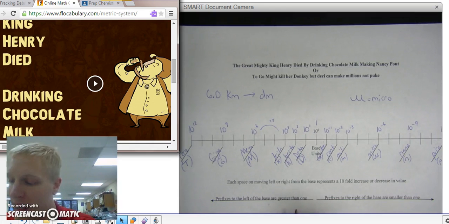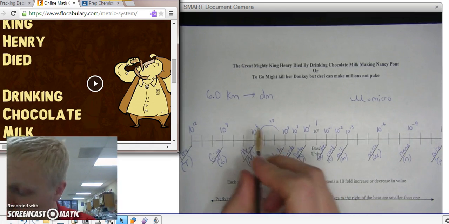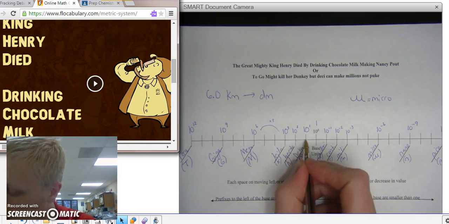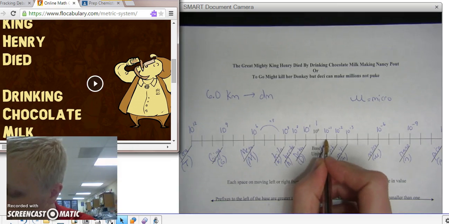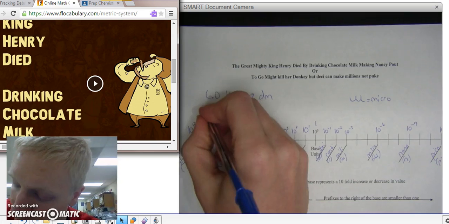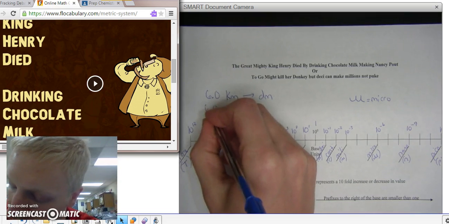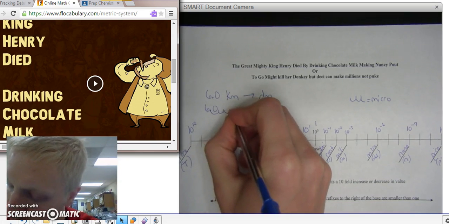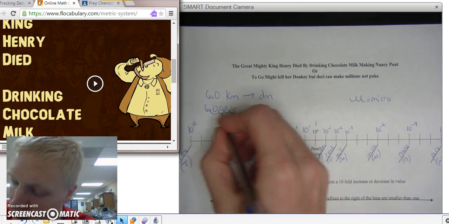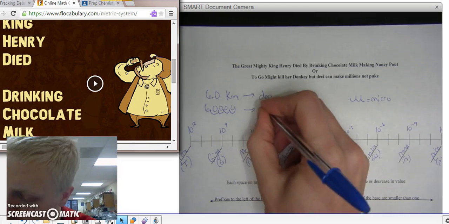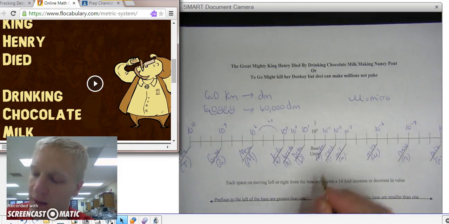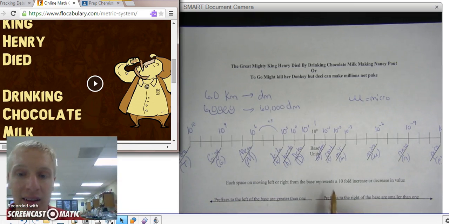What we do the non-math way is we go to kilo and we move it 1, 2, 3, 4 steps, and we're moving it to the right. So we're taking our 6.0, moving that decimal 1, 2, 3, 4 steps. And that gives me 60,000 decimeters is equivalent to 6 kilometers.